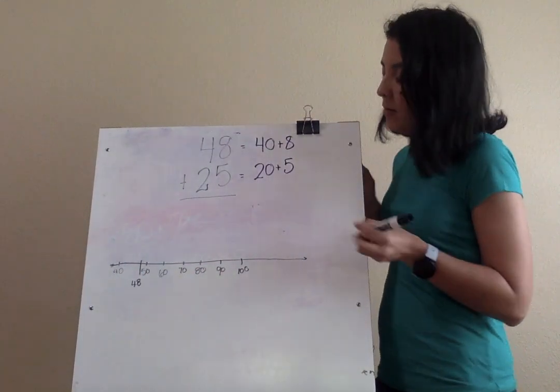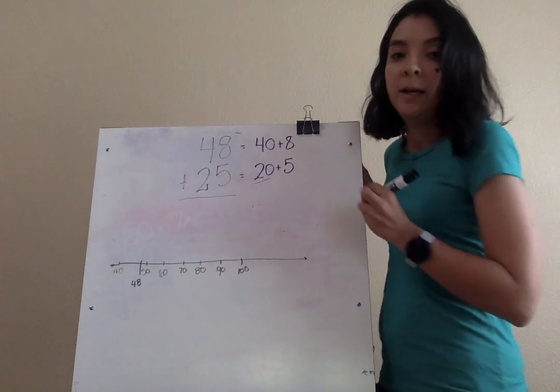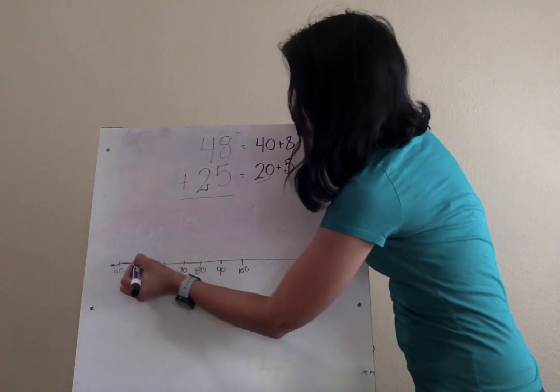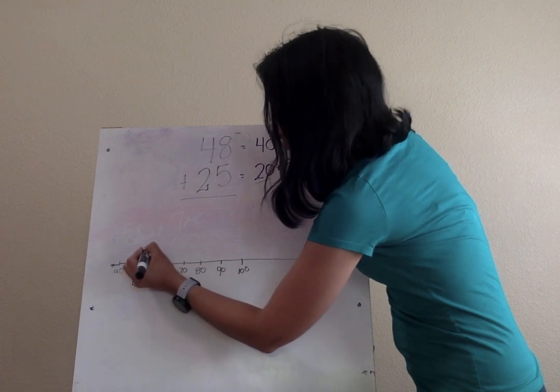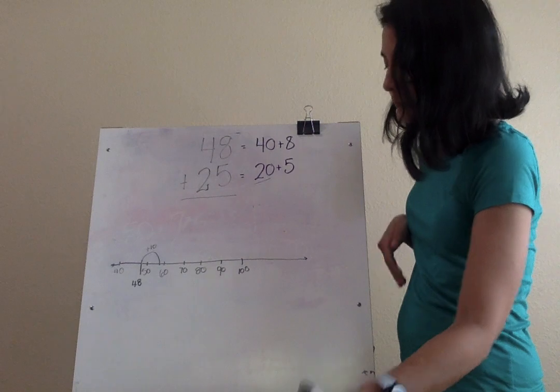Awesome. Now I can take some jumps. I'm going to start with my 10. It says I need to jump 20, so I can take 2 jumps of 10. That's easy for me to do. So I'm going to take 1, and I am going to remember to mark my jump. So it's a jump of 10.